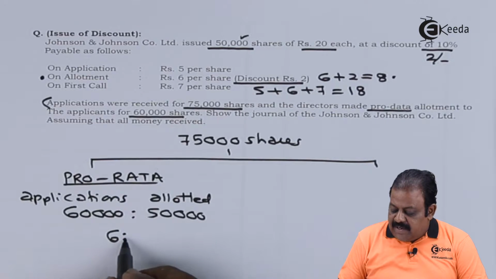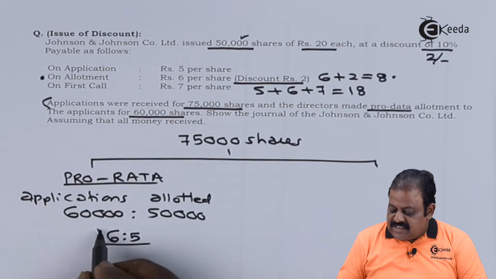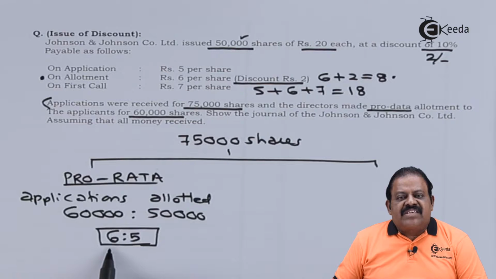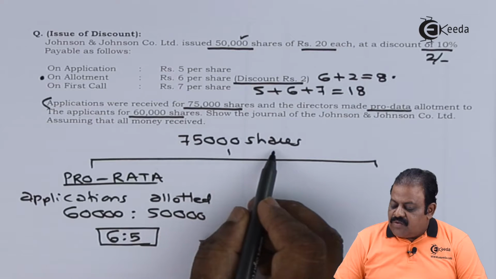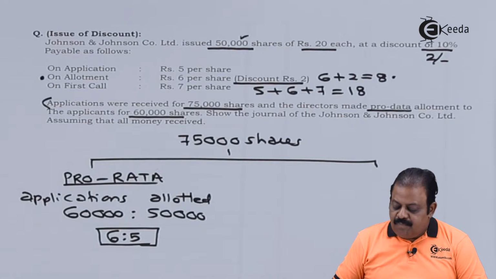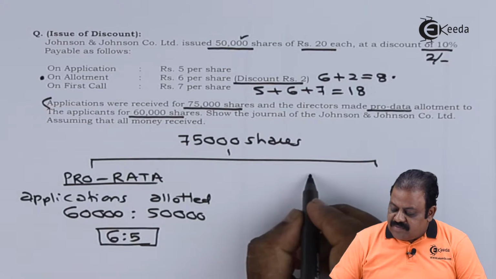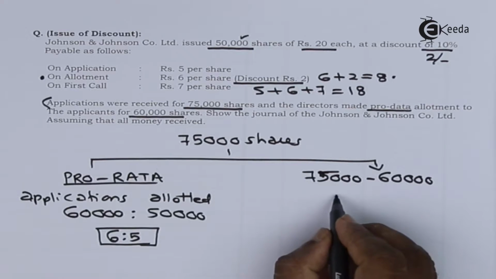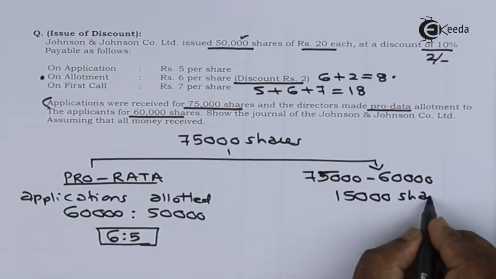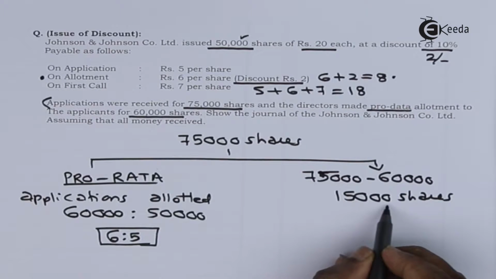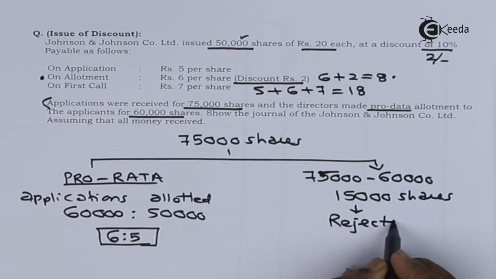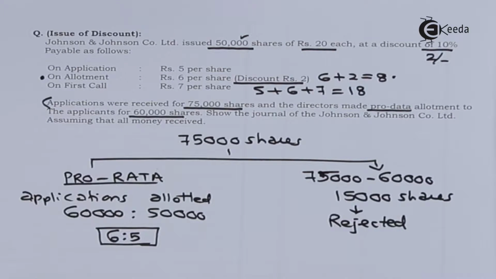So pro rata allotment ratio comes to 6:5. That means that those who have applied for 6 shares, 5 shares will be allotted to them. Total 75,000 shares application has been received. From this we will deduct this 60,000. So there is a balance of 15,000 shares. This is altogether rejected, so not considered for allotment.